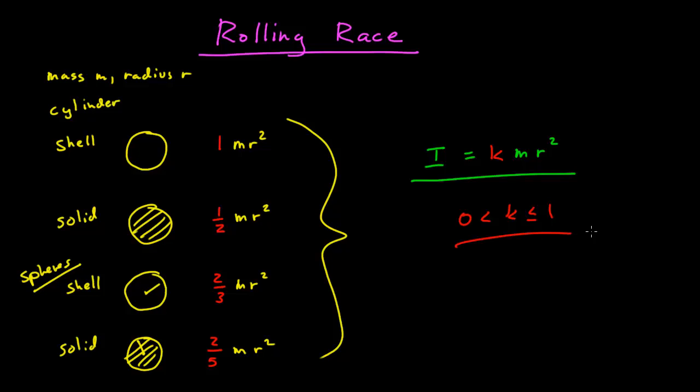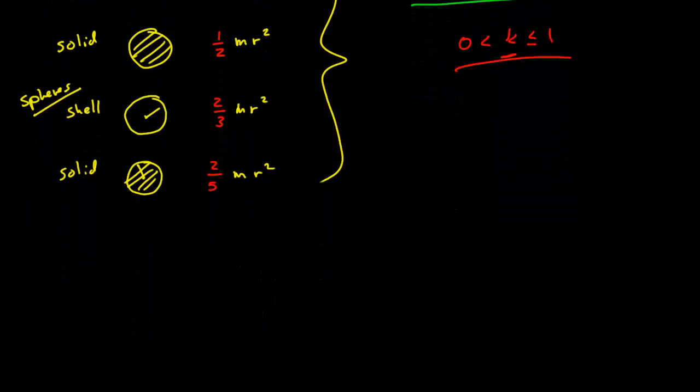And this k represents the distribution of matter relative to the axis of rotation. So the larger the value of k, the further away, on average, the mass is from the axis of rotation. So what does this tell us? We want to now look at this problem in terms of this parameter k.